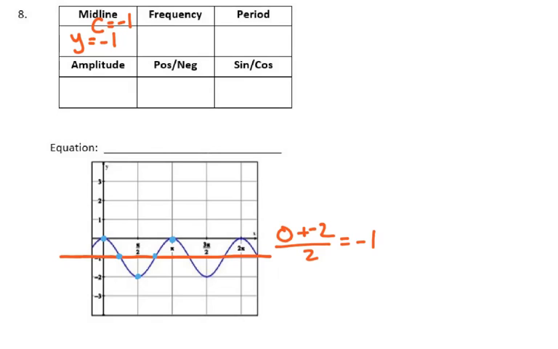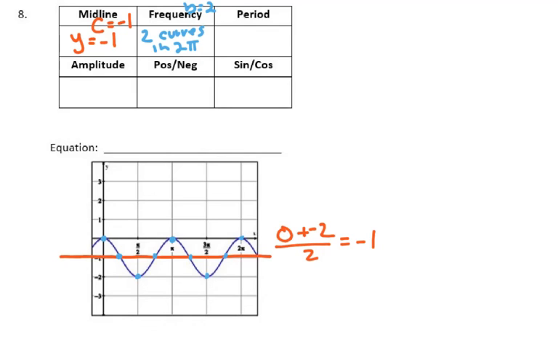So that means I can complete one curve in pi, or I can complete 1, 2, 3, 4, 5, or 2 complete curves from 0 to 2 pi. So therefore, my frequency is going to be 2 curves in 2 pi, which means that my b value now has to equal a 2.